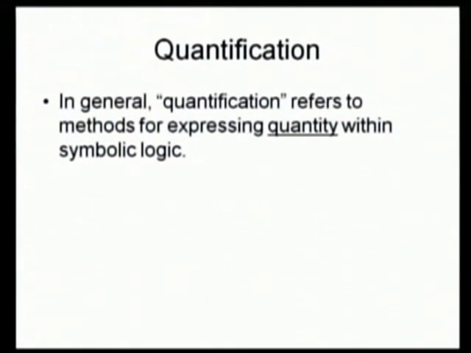Most of what we do with quantification will come up later when we introduce, in the predicate calculus, two different quantifiers. There'll be new symbolic notations that you'll get used to using. One is the so-called universal quantifier, and the other one is the existential quantifier.